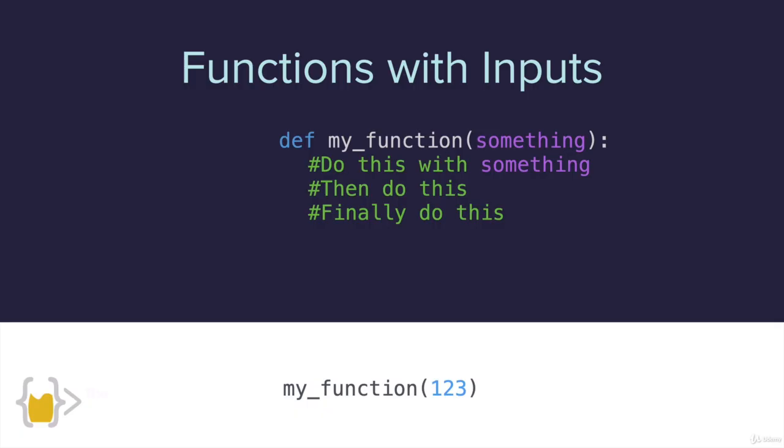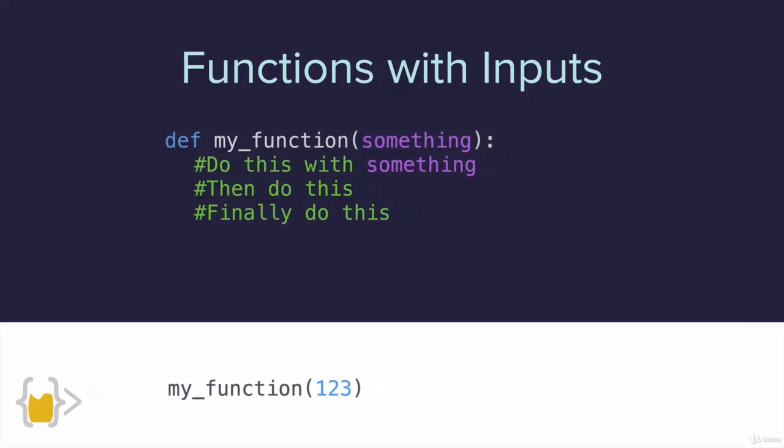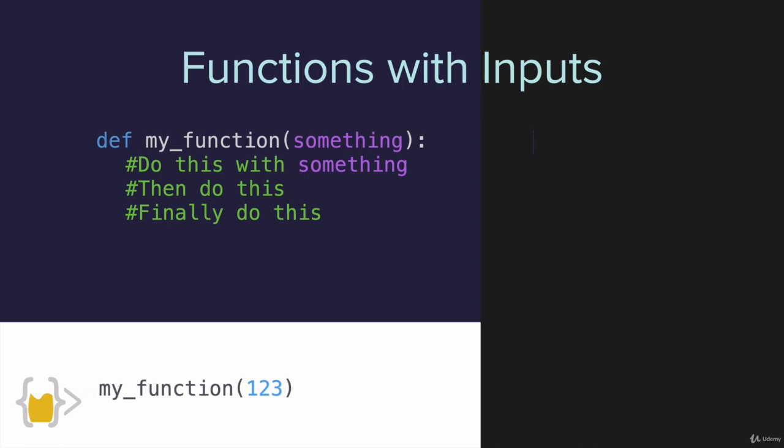When we're talking about functions with inputs, there's two things that we're working with that's really important to differentiate. So we know that when we call this function and we pass over this piece of data, effectively, we're creating a new variable called something, and we're setting it to equal this piece of data that we're passing in.